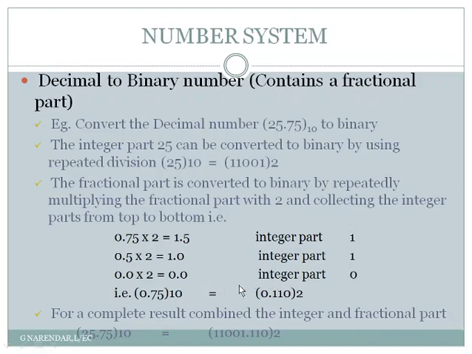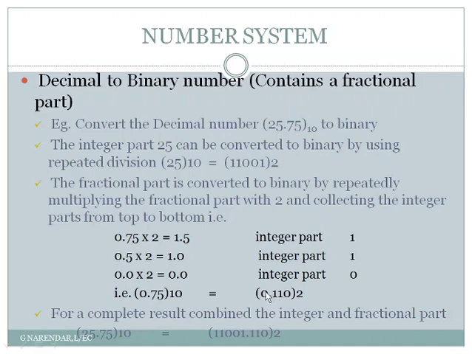Now we have to collect the integer parts from top to bottom, that is 1, 1, 0. All these bits from top to bottom should be written after the binary point.